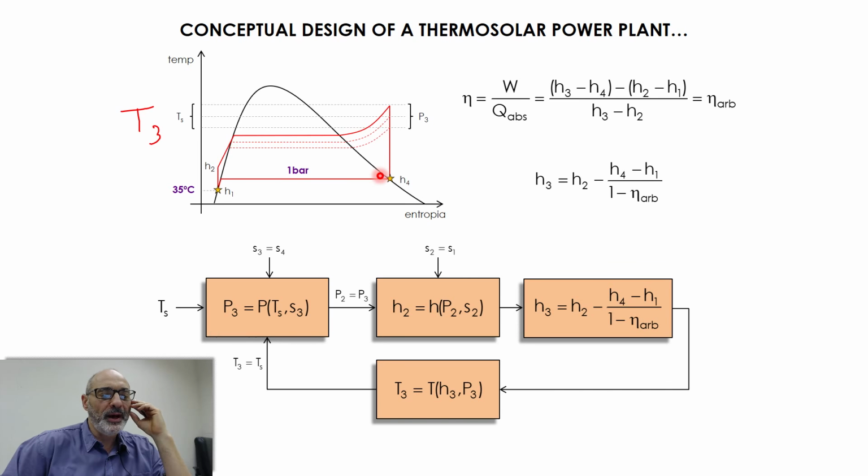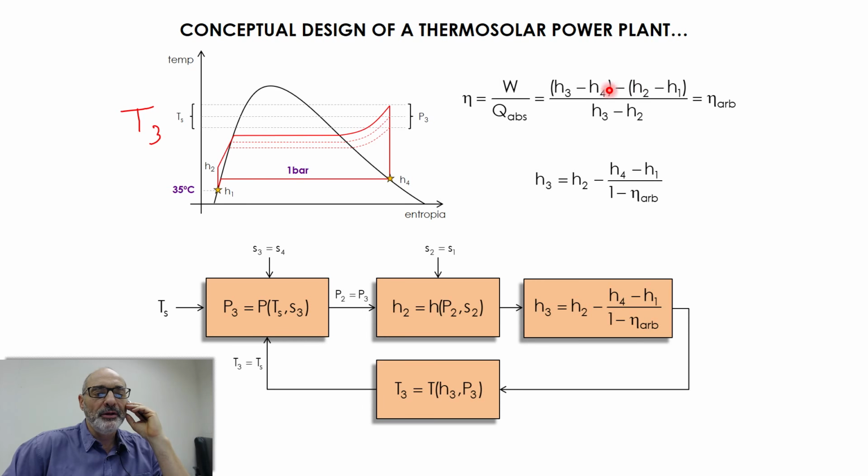The exergy produced by the turbine is H3 minus H4, this enthalpic drop here, and H2 minus H1 is the power absorbed by the pump.